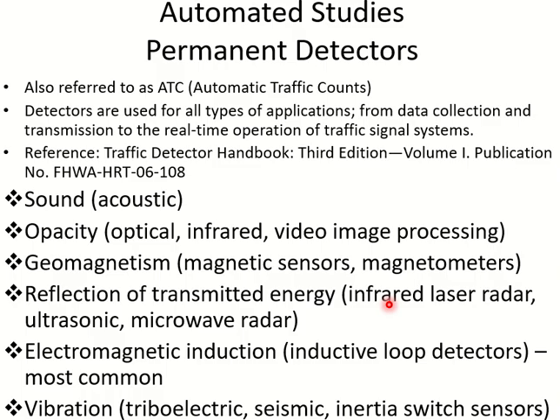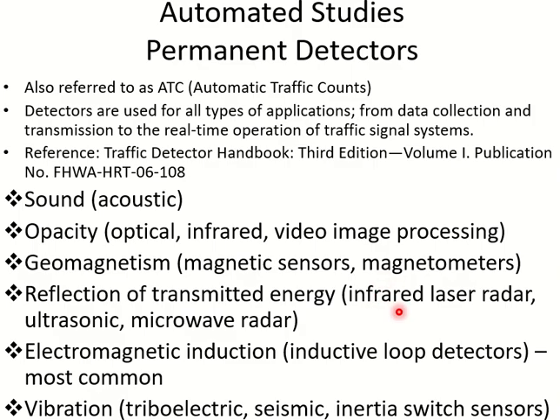You have a transmitter and a receiver. You put the transmitter on one end of the road and the receiver on the other end. When the car passes, the signal breaks, and as the signal breaks, the count is made. These two are based on the transmitter and receiver mechanism.